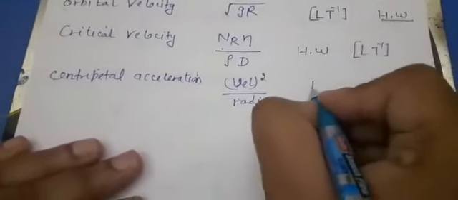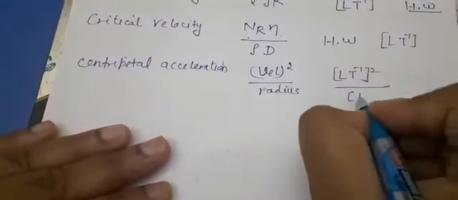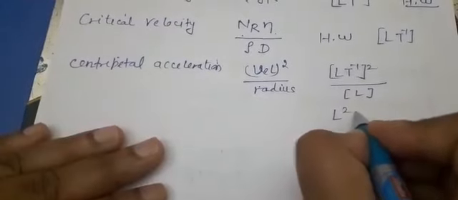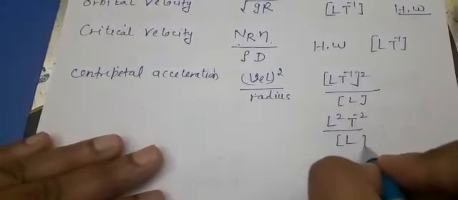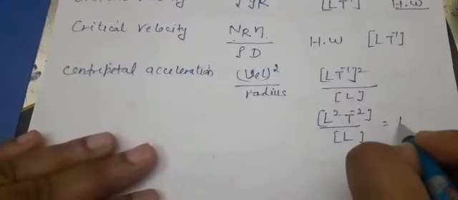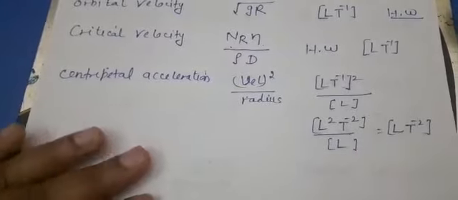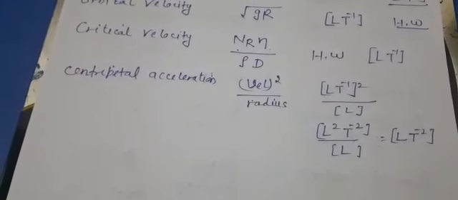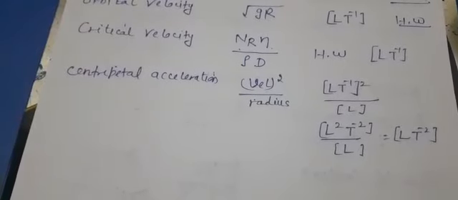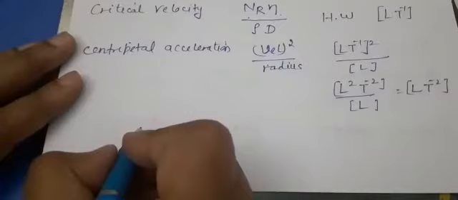Put the values: (LT^-1)^2 upon L. Expand it: L^2 T^-2 upon L. So it will be LT^-2. See, this formula is the same as we have done for acceleration due to gravity. It will have the same formula as simple acceleration.